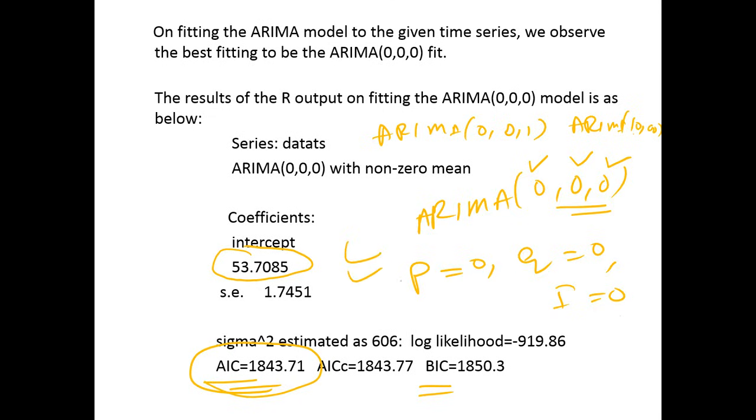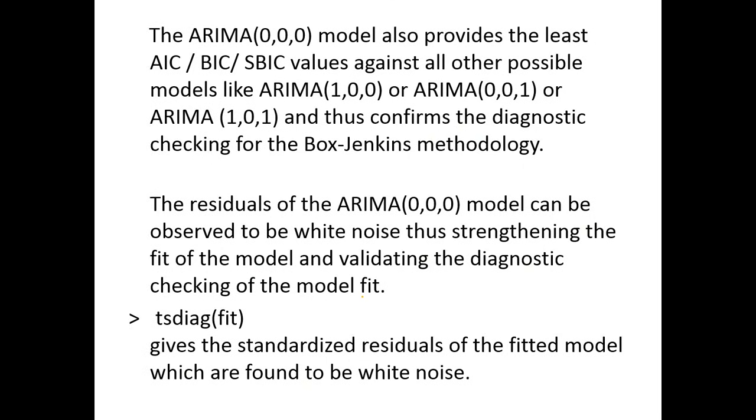So this is the best fit. It's automatically giving us this, and we can also try manually by looking at all these different forms. You can check these values on your own using the same package, and you will see that ARIMA(0,0,0) is giving you the best result. And then you can do the diagnostic plot.